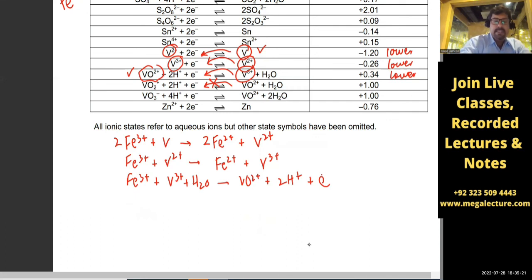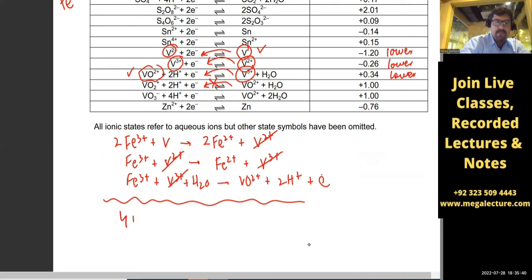So I'm going to get 3 steps. And at the end of the day, I have to add them up. Whatever is on both sides, I'm going to cancel those. What else gets cancelled out? Water, vanadium, I guess everything is fine.